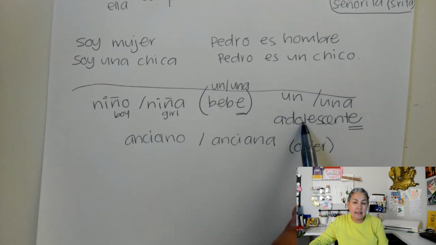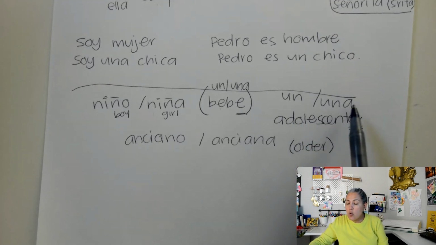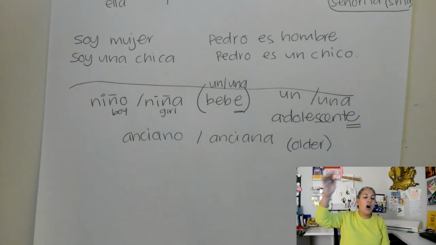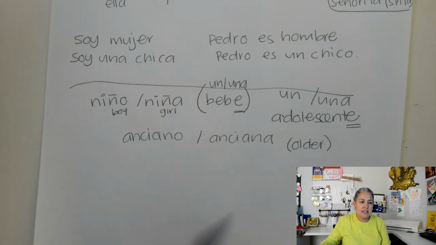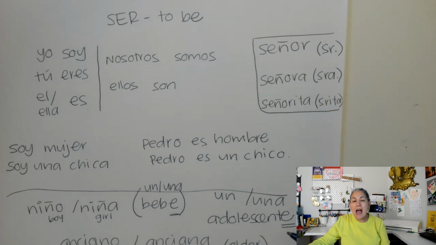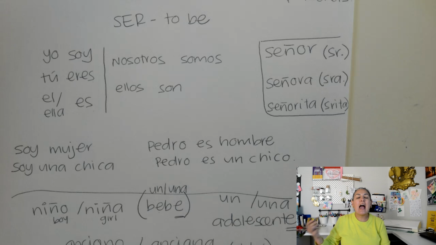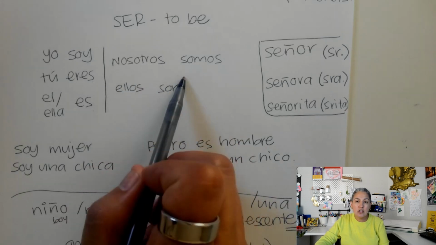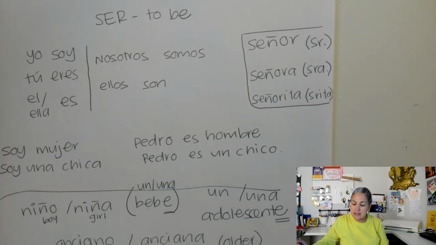Un adolescente, una adolescente. Let's say we're all teenagers, and I'm included, I would say somos, because that's we, adolescentes. I would add an S to adolescente to make it plural, because I'm included. It's the plural side of the chart. Somos adolescentes.